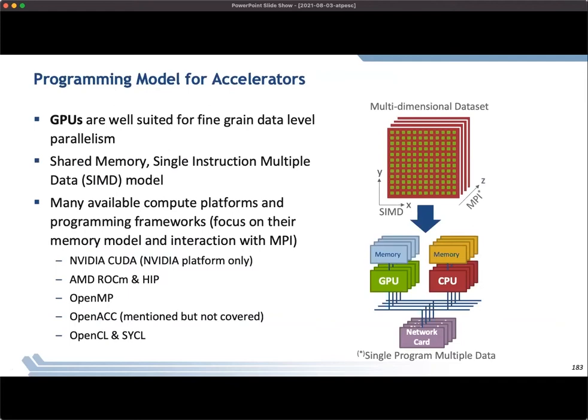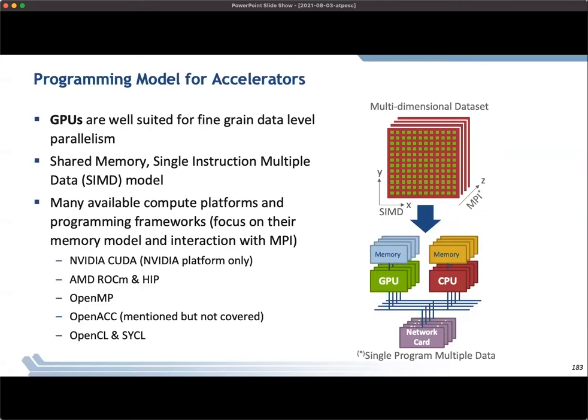For the programming model for GPUs, depending on the vendor of the GPU, you'll be using either CUDA if you have an NVIDIA GPU, or if you have an AMD GPU, you're using ROCm and HIP. You can also use OpenACC or OpenMP offloading to program GPUs.